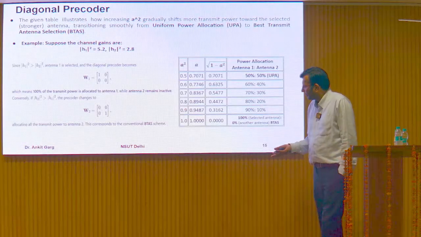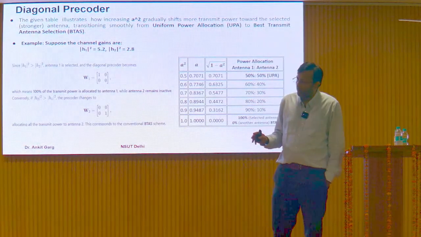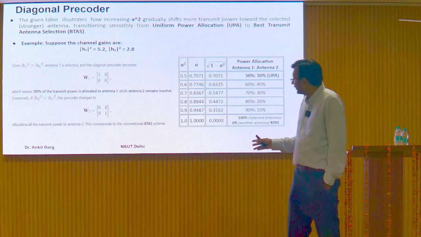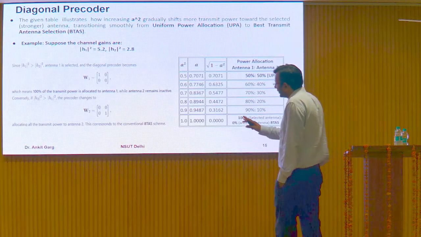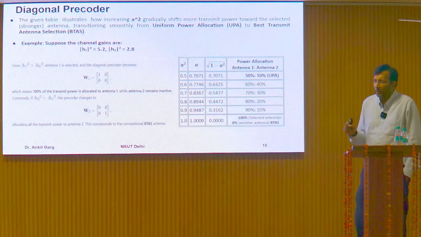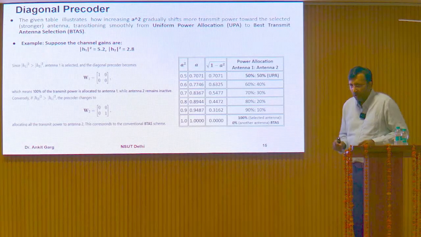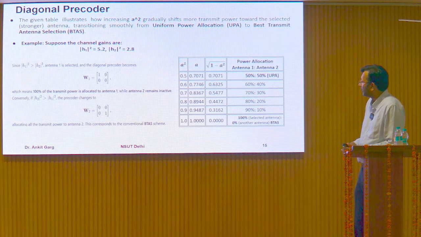And in another case, when we have mod of H2 square greater than mod of H1 square, we choose W2, right? But this is not always the good option, because due to the wireless phenomena, we may get a corrupted quantized feedback.